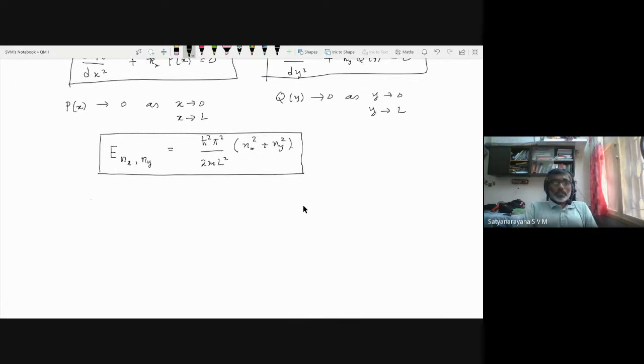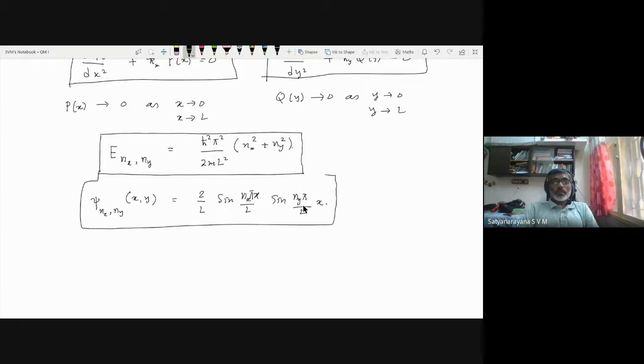And we could have also read out the wave function. psi of x, y is equal to square root of 2 by L for x and another square root of 2 by L for y: 2 by L sine nx pi by L into x, and sine ny pi by L into y. So these are the wave functions.